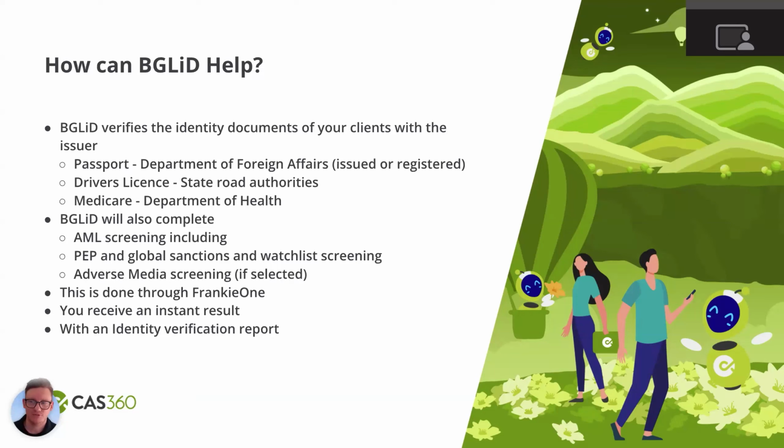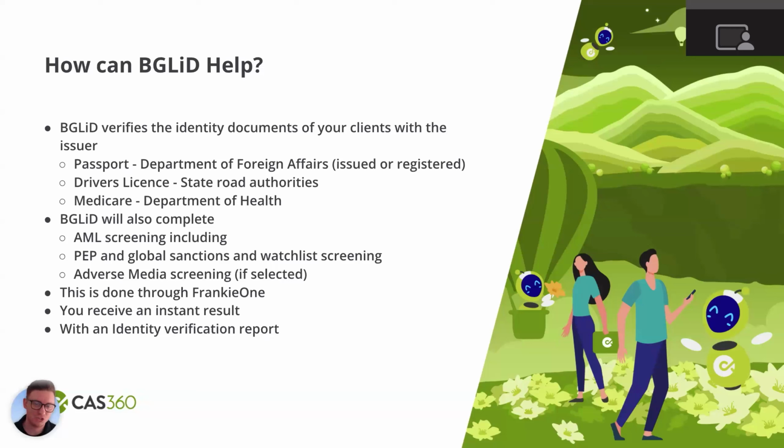BGLiD will firstly verify the identity documents of your clients. What we do here is verify the documents with the issuer. This is a really important part of any ID verification: you want to know what the verification source is. The Australian government is our verification source. If someone has a passport, we verify that against records from the Department of Foreign Affairs.